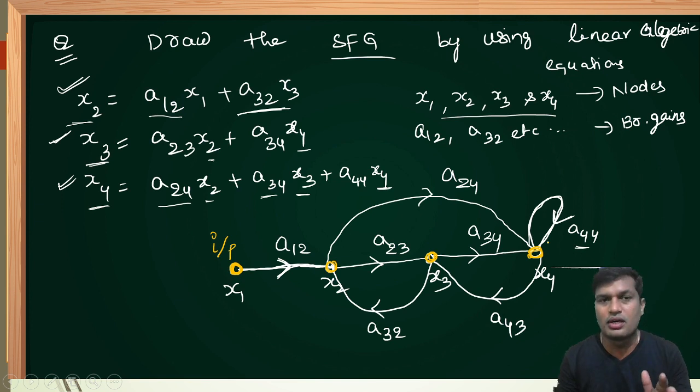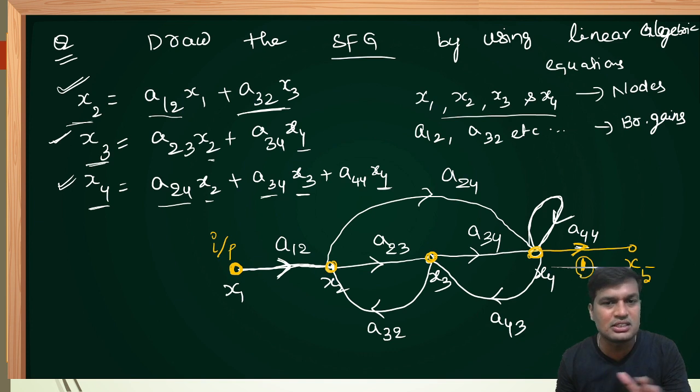But I already told you, any system has a certain input and it will give an output. In this signal flow graph, there is no output. When there is no output, we can connect a branch gain of unity. It is very important. We can connect a branch gain of unity so that we can create an extra node. Let's assume the name of the node is x5. Whenever you connect a branch gain of unity, the overall system gain is multiplied or divided by one, so the gain remains the same, there is no change.